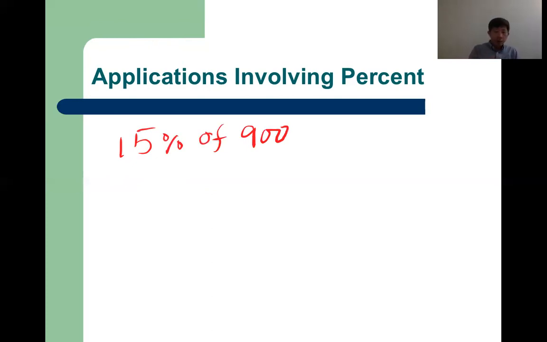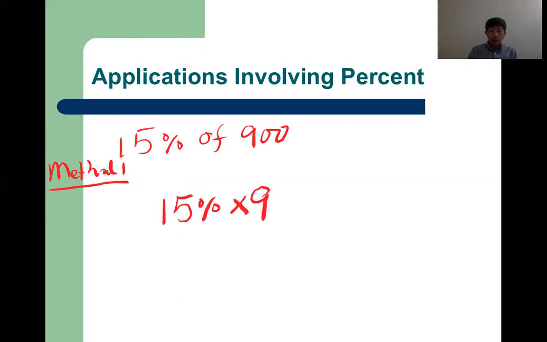This is method 1. So 15% of 900, and we get times 900 like this.